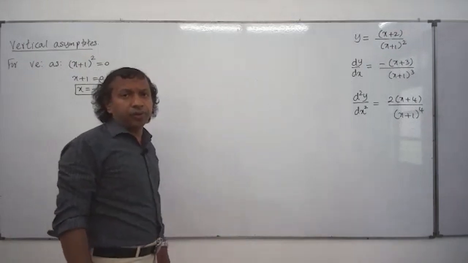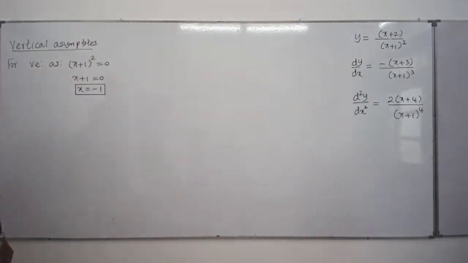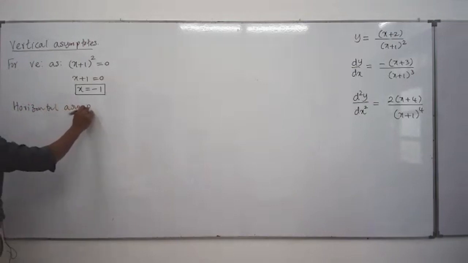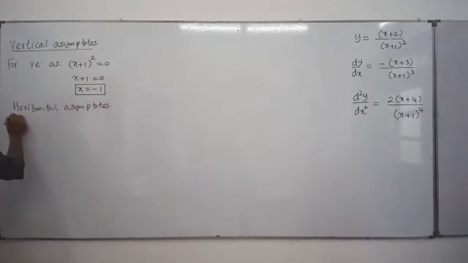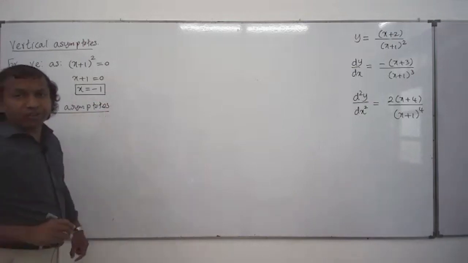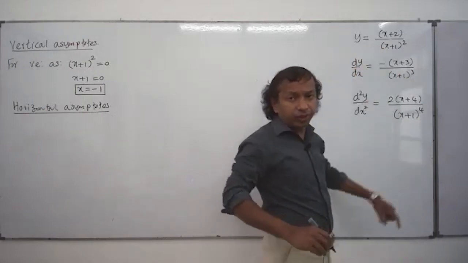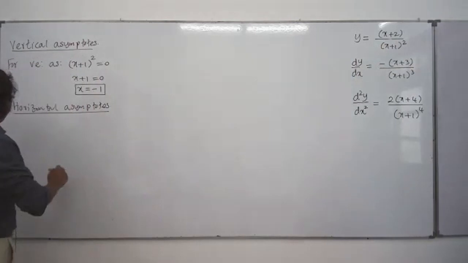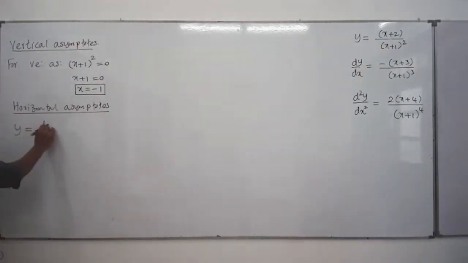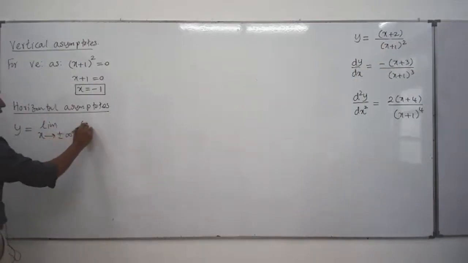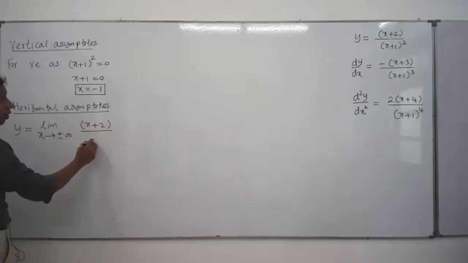Now, secondly, horizontal asymptotes we have to find. For the horizontal asymptotes, we take the limit as x goes to plus or minus infinity of (x plus 2) divided by (x plus 1) squared.